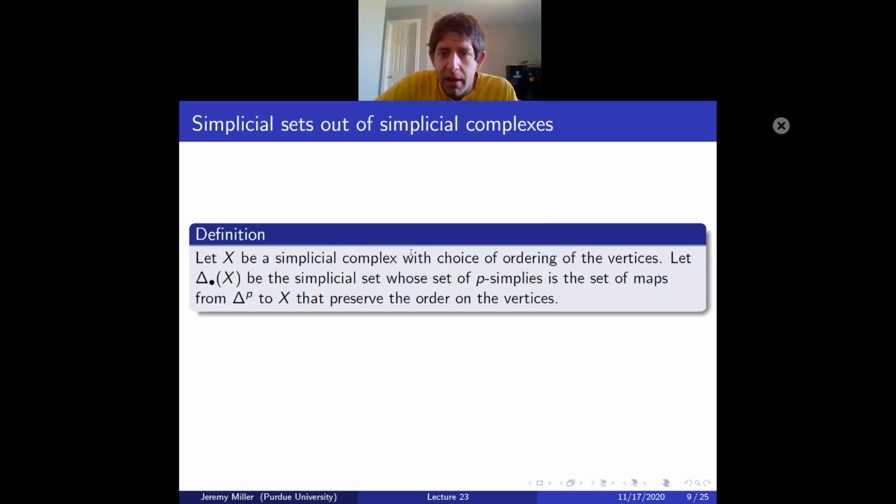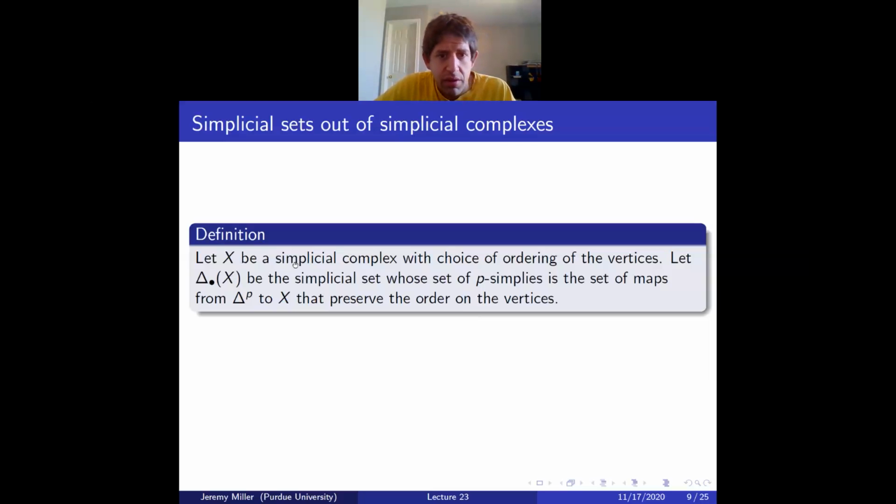Recall that if you have a simplicial complex and you pick an ordering on the vertices, then you can build a simplicial set associated to it, whose p simplices are the maps from the p simplex into X that preserve the order on the vertices. So the set of p simplices of the simplicial complex X will be the set of p simplices of the simplicial setification of X.